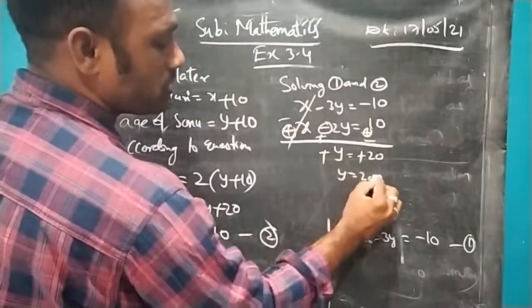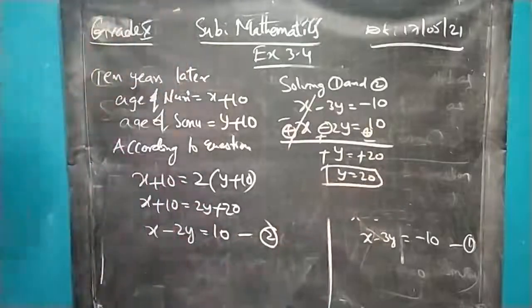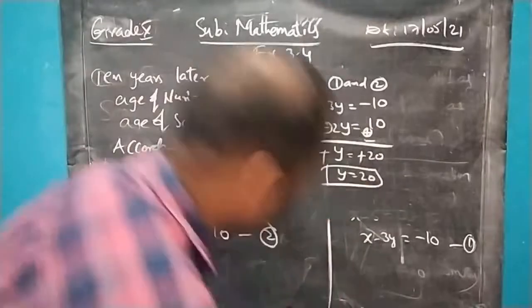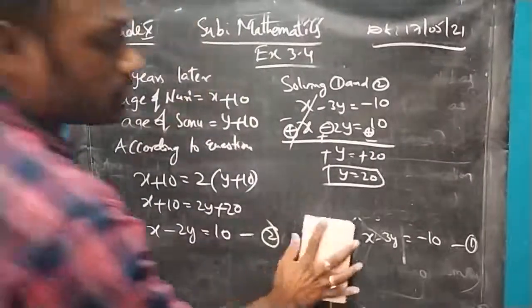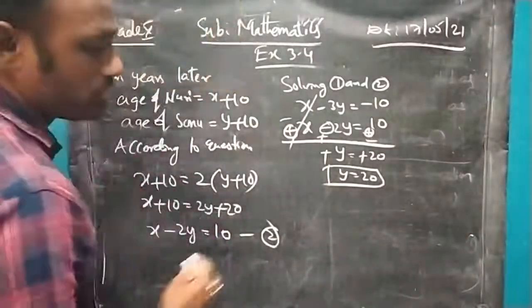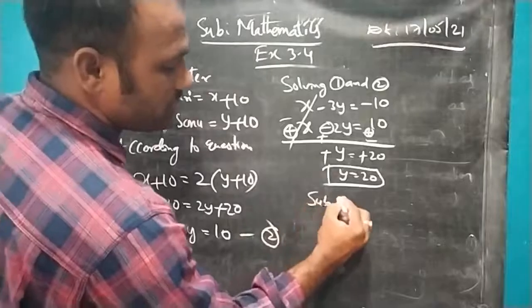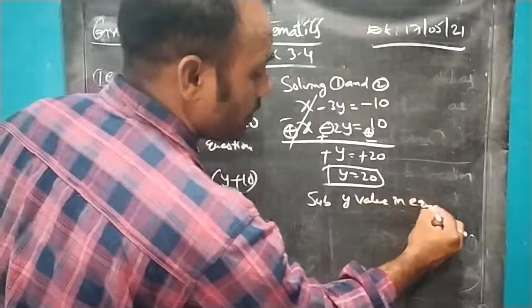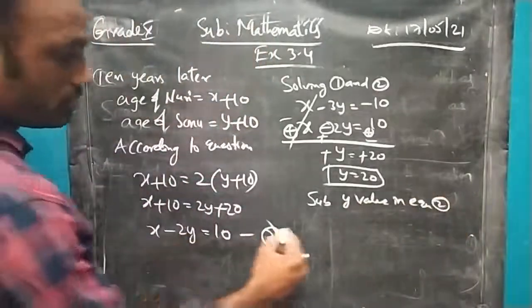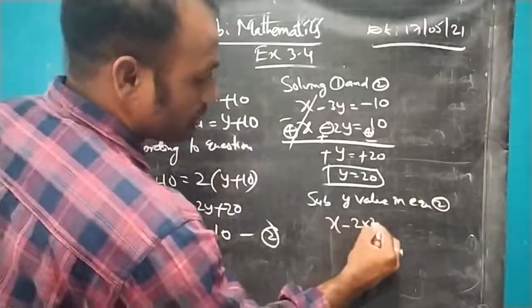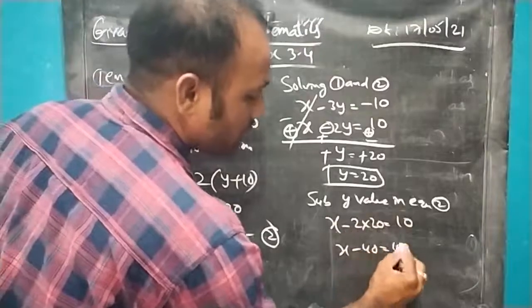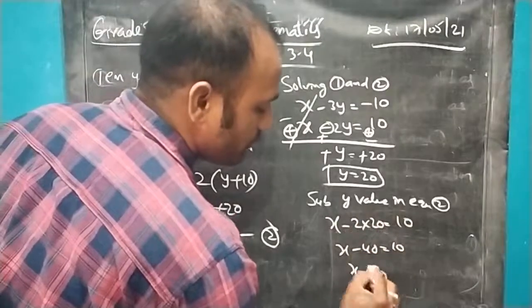So Y value is 20. Now we can substitute this Y value either in equation 1 or 2. Let me substitute in equation 2. So X minus 2 into 20 is equals to 10. X minus 40 is equals to 10. X is equals to 50.